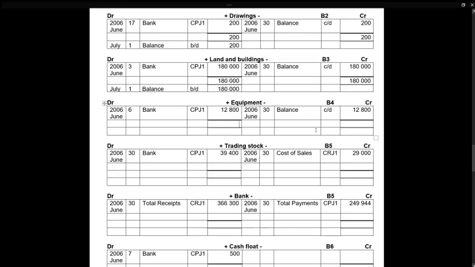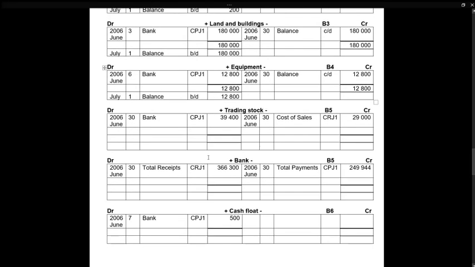Okay, total the two sides to confirm that you've done it correctly. 12,800, two sides are equal, therefore I've done it correctly. My new opening balance will be 12,800 Rand. Opening balance value will be brought down. Details will be balance. Reason for this is it's just a reminder of my new opening balance. It's not a transaction.